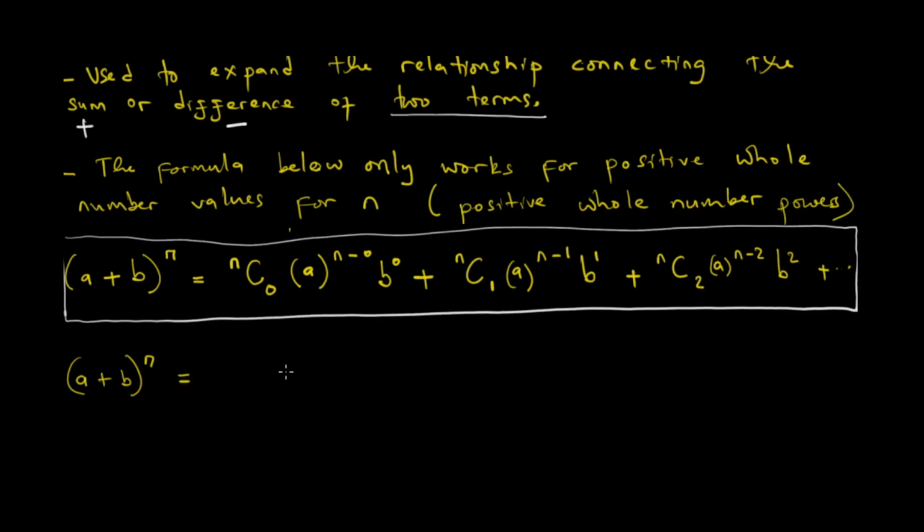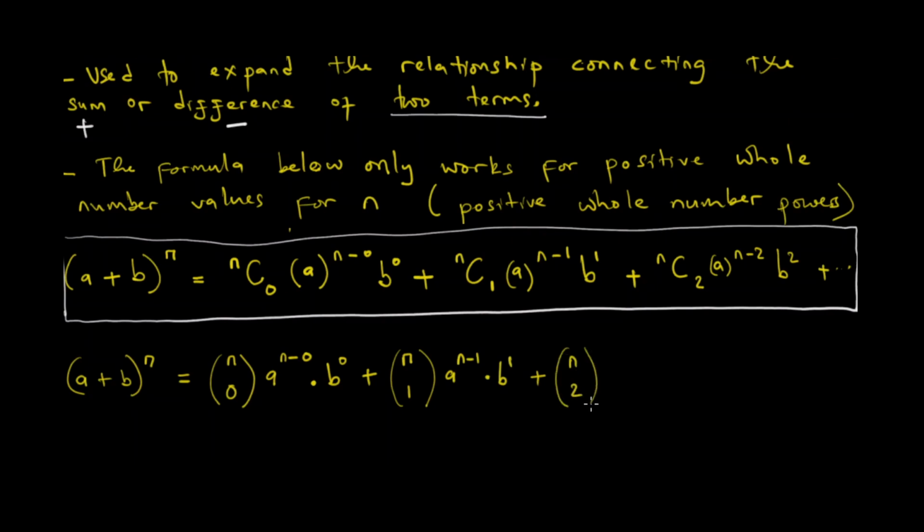This is equal to, instead of writing nC0, which is n choose 0, we say n choose 0, then a to the power n minus 0 times b to the power 0, plus we go to n choose 1, a to the power n minus 1, b to the power 1, then n choose 2, a to the power n minus 2, b squared, then n choose 3, a to the n minus 3, b to the 3, like that.